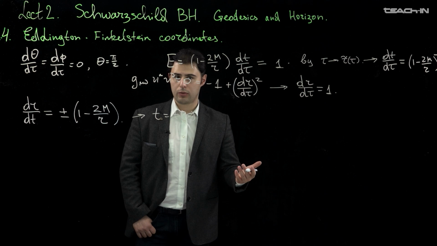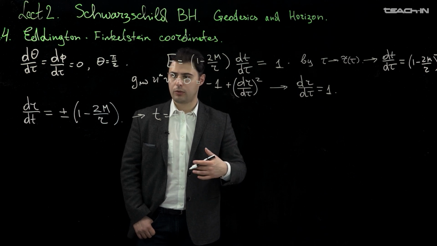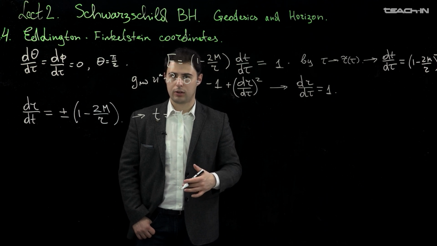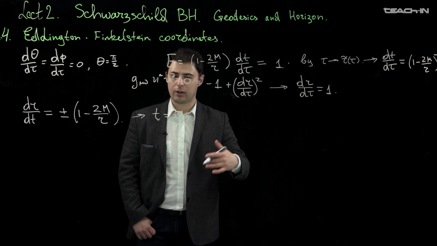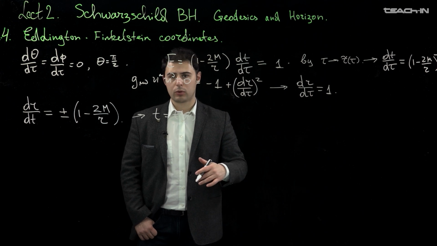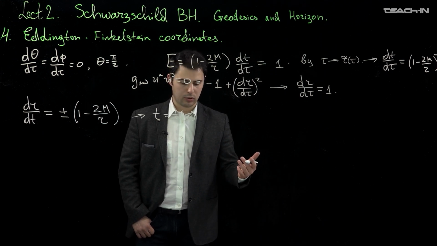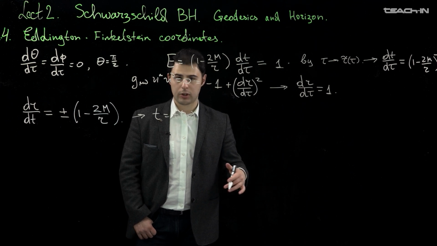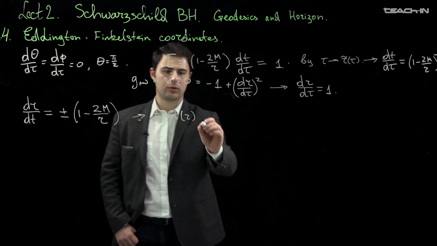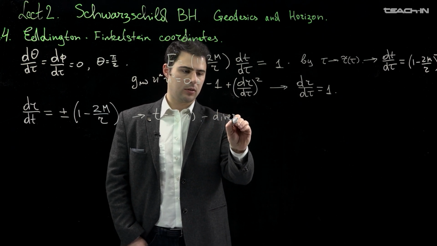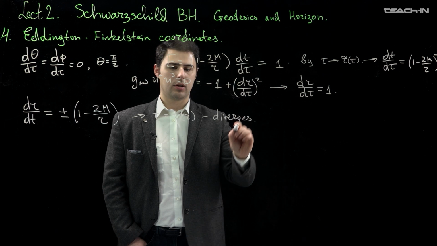So to investigate what is actually happening at r equals 2m, we would need to introduce a new coordinate. This coordinate is called the Regge-Wheeler radial coordinate.